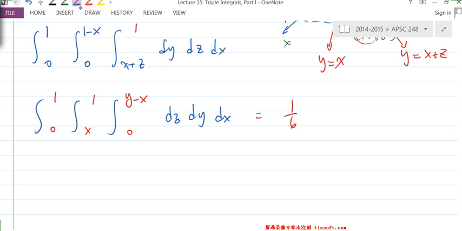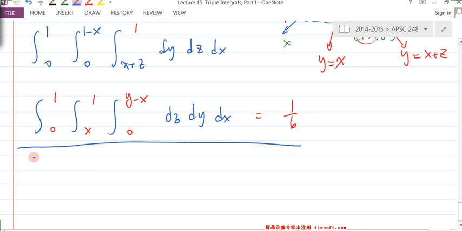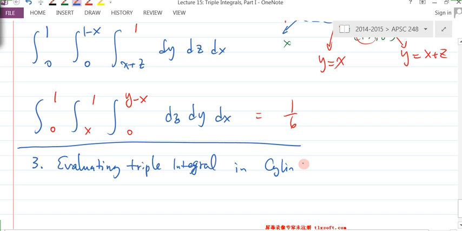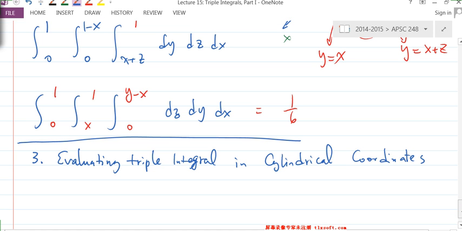And now let's look at the other way of evaluating a triple integral, in cylindrical coordinates.